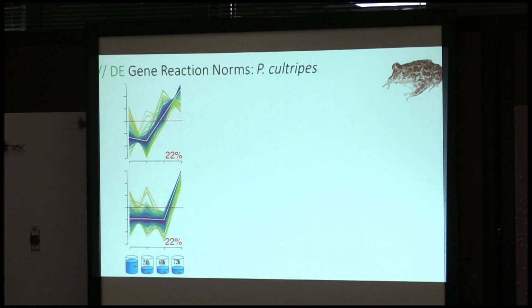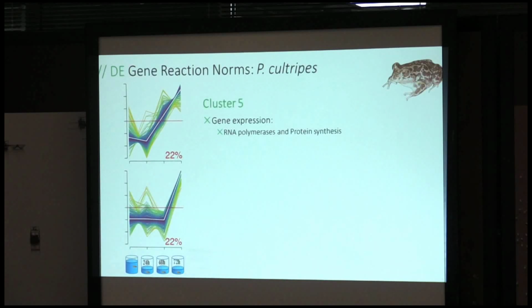These other two clusters had similar percentages of genes assigned to them, and they basically show the opposite pattern. In this first cluster, you have an upregulation of genes after 48 hours, and in the second cluster, you have an upregulation after 72 hours.